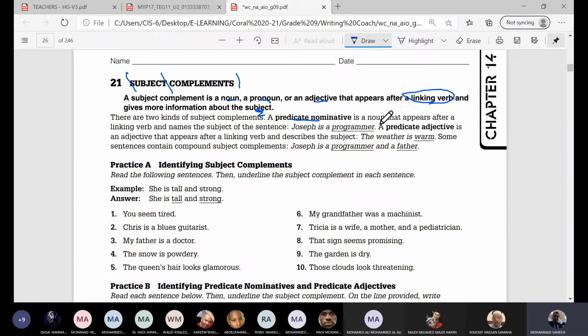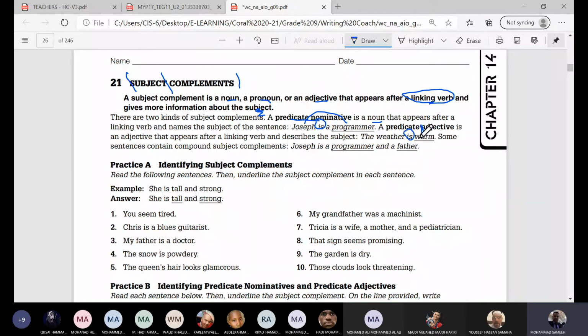Predicate nominative, noun or pronoun, that appears after a linking verb and names the subject of a sentence. Like Joseph is a programmer. Programmer is a predicate nominative, a noun, naming back the subject Joseph. A predicate adjective is an adjective that appears after a linking verb and describes the subject. The weather is warm. The verb also is linking in both sentences.